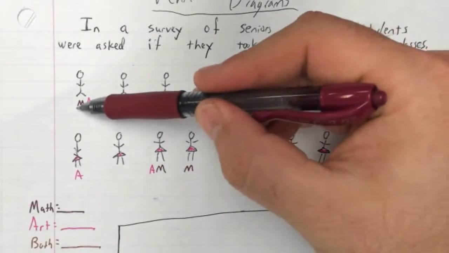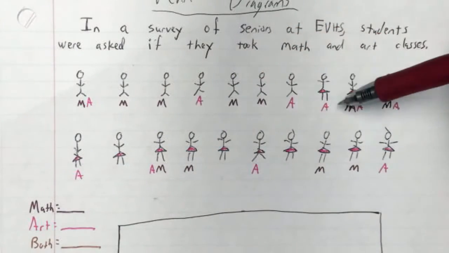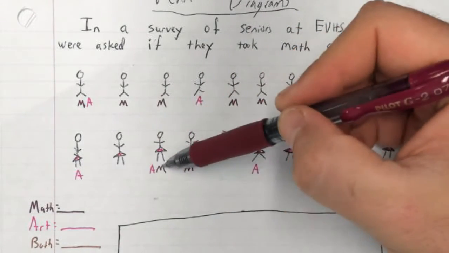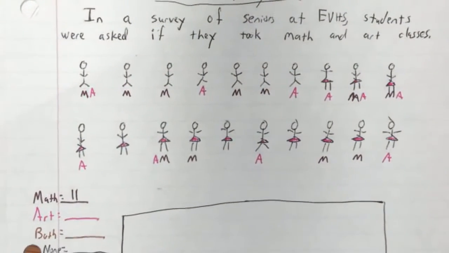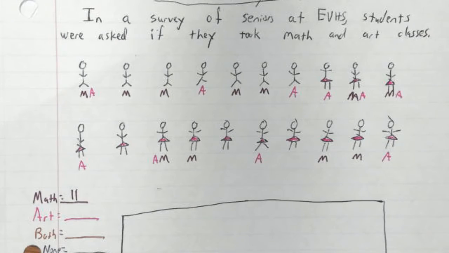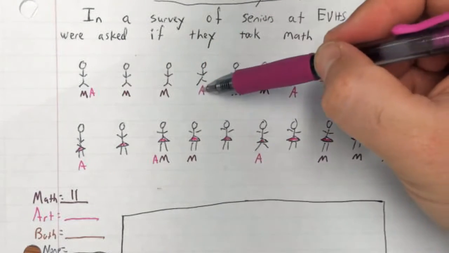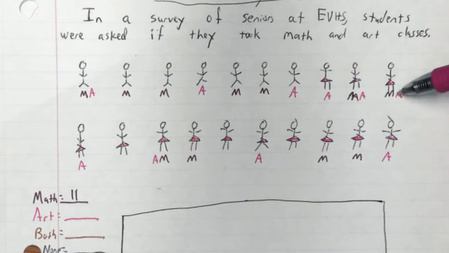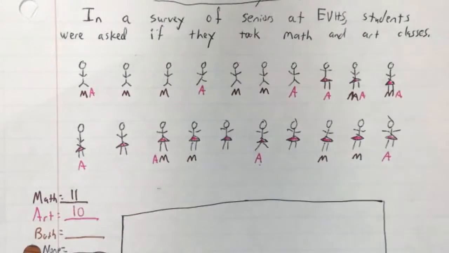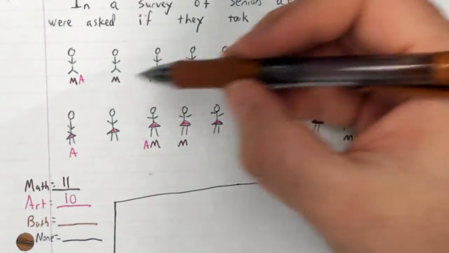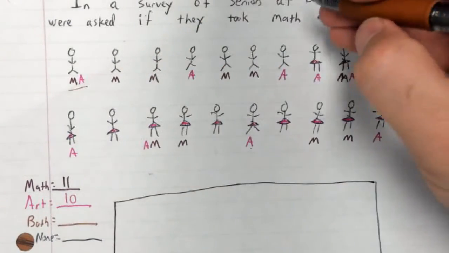took math. Well, I've got 1, 2, 3, 4, 5, 6, 7, 8, 9, 10, 11 people took math. Now, art, we've got 1, 2, 3, 4, 5, 6, 7, 8, 9, 10 people taking art. But what about the both? This guy is taking both.